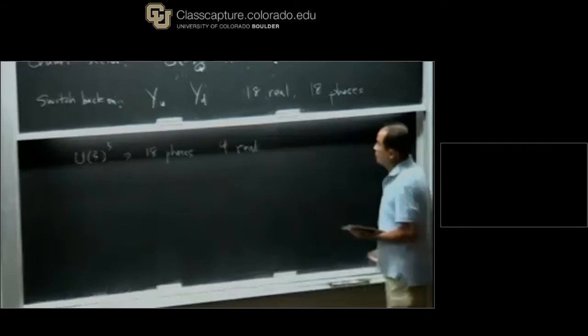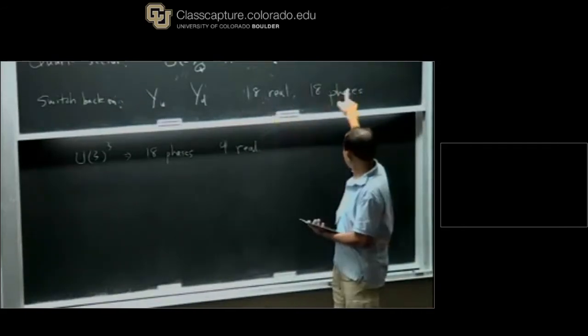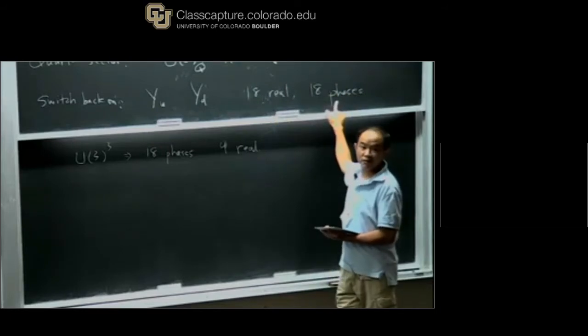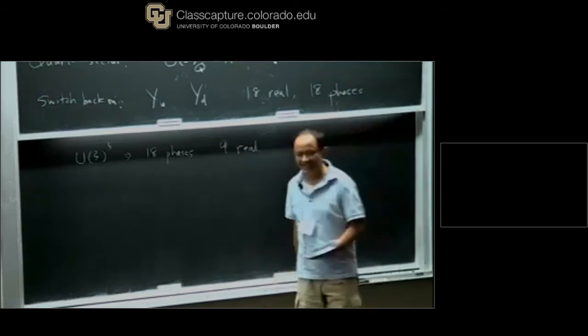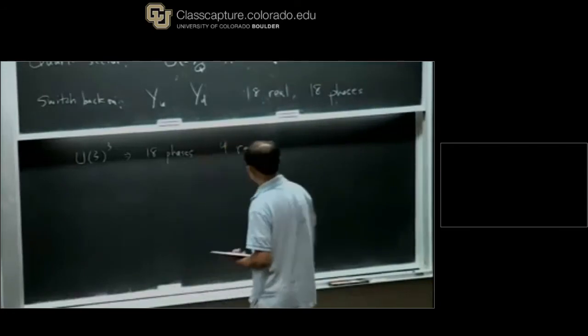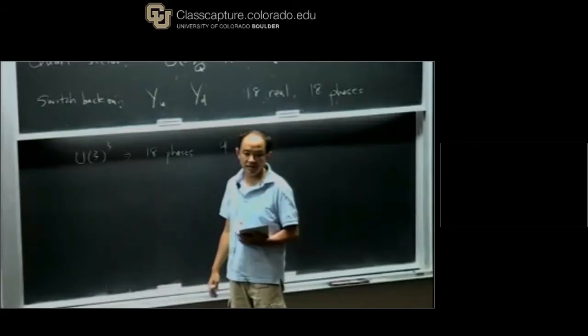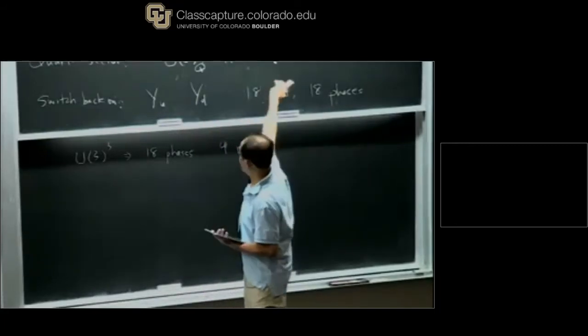So it looks like I should be able to get rid of 9 real ones, and get rid of all the phases. Except there is one thing. These spurions don't break all the symmetries. It doesn't break these symmetries down to 0.